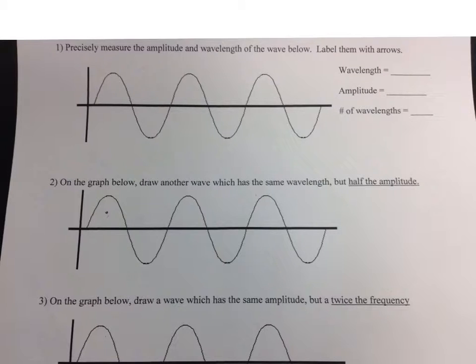So if I look at the very first one, where is my wavelength on this graph? We can measure it from this point to this point, or this point to this point, or, and I'm going to go for red, from this to this, okay?